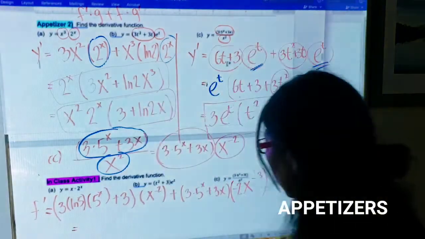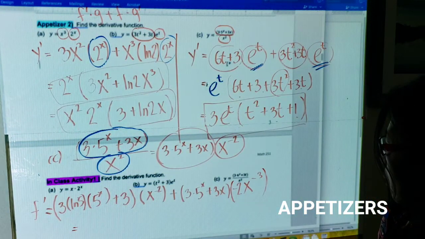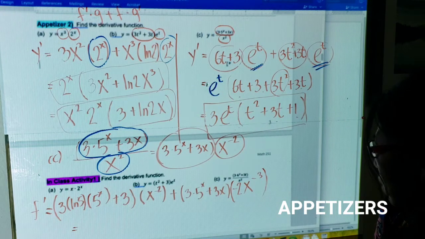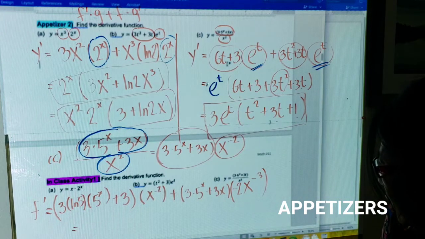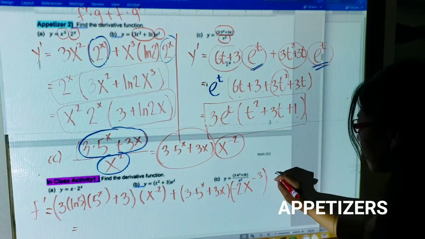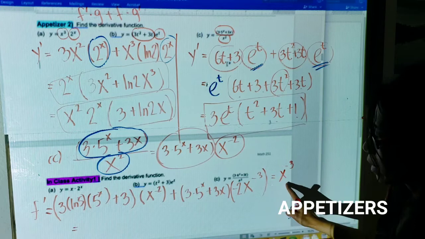Then now I want to stare at it. Any common factors? I don't see common. Oh, I see common factors. It's going to be a little hard. Okay, I see the common factor as x to the negative 3. Why x to the negative 3?